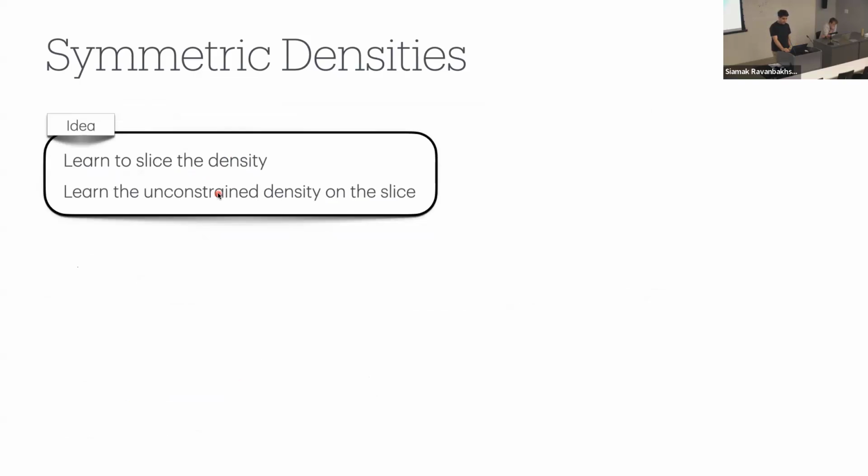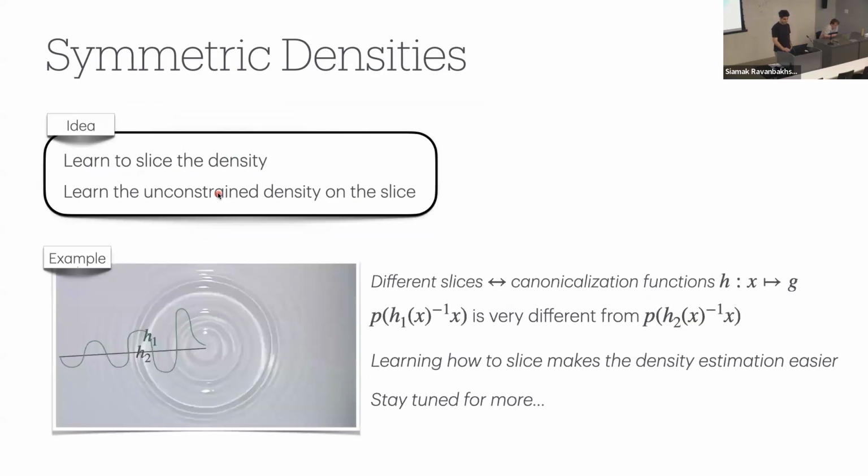So the idea that we experimented with was to learn to slice the density. That is, instead of learning the entire density, you learn how to produce a slice from the density and then just learn the distribution over that slice. You can think of this ripple as an invariant density, a density that's invariant to rotations. You can create different slices of this ripple and just look at what the density looks like on that slice.